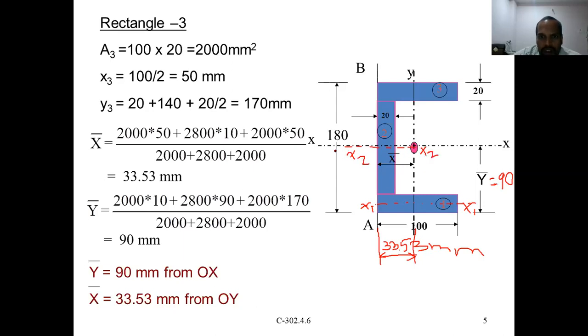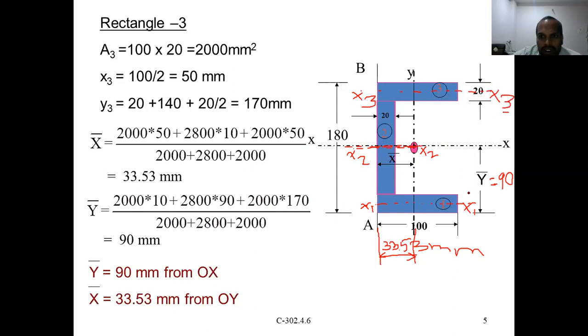Because it is symmetric about the x-axis, this x2 x2 and the centroidal axis of the entire figure will coincide. Of course my diagram has drifted a little, but both will coincide. And similarly this is figure 3, x3 x3 is the centroidal x-axis of figure 3.